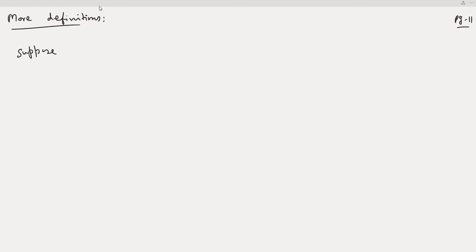Suppose alpha is from I to Rn, then differentiability of alpha. So alpha of t is an element in Rn. It looks like (alpha 1 of t, and so on, alpha n of t).